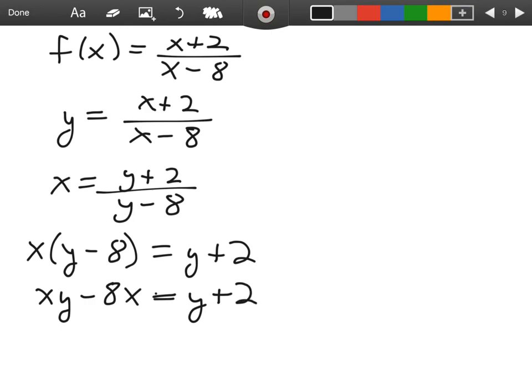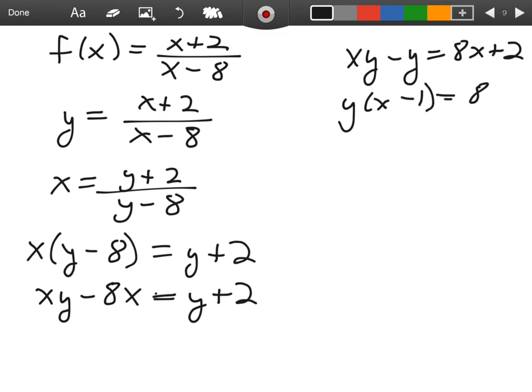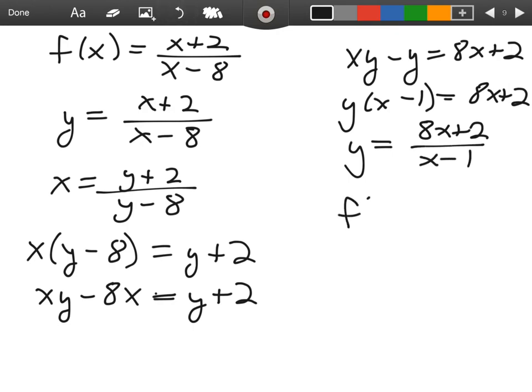I'm going to get everything with a y on one side of the equation, and move everything else to the other side. Factor out a y. And then divide by x minus 1. Change y back to f inverse of x. And that's it.